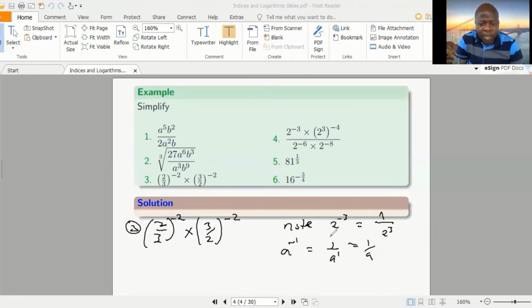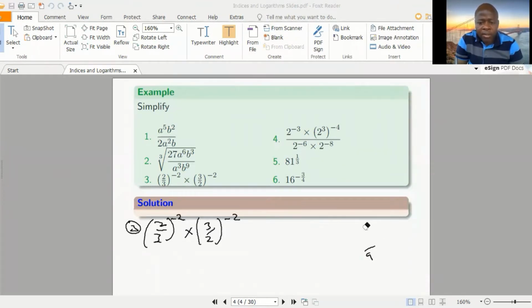So that means that if you have a negative index, we can write it as a positive index by dividing this into 1, then you change the sign of the index here. So that's what I want to do for this question.